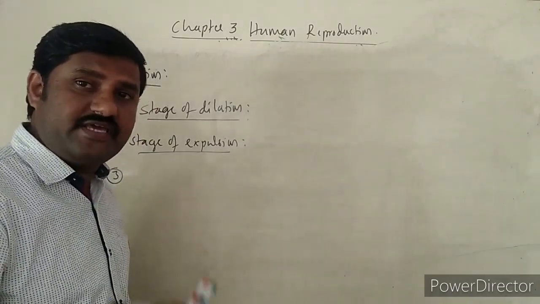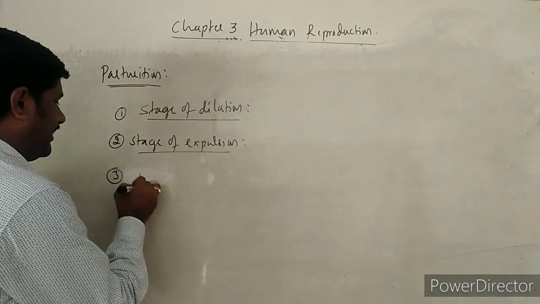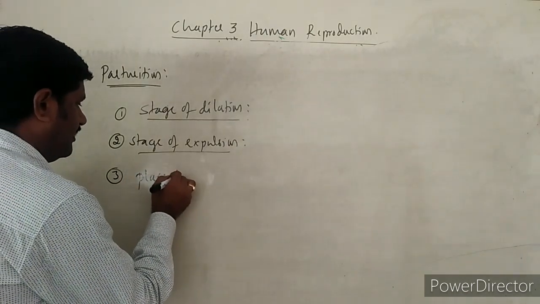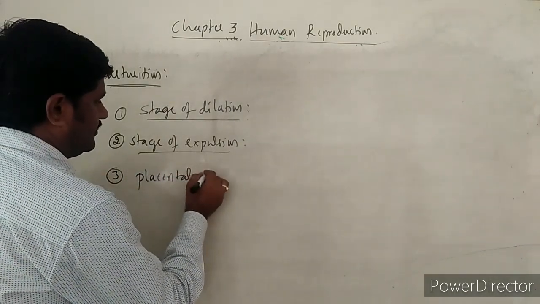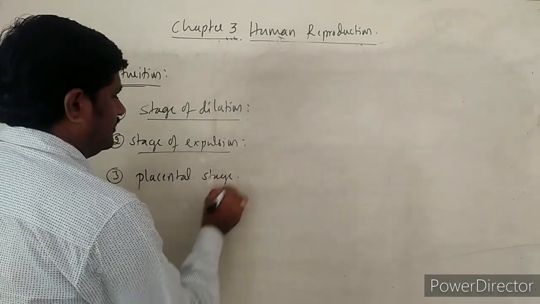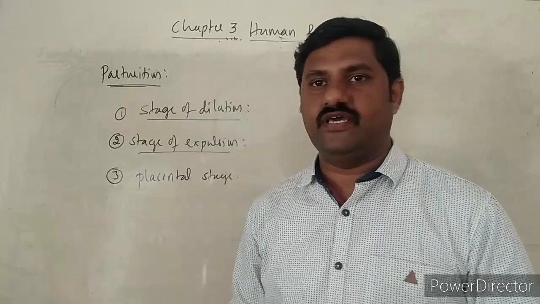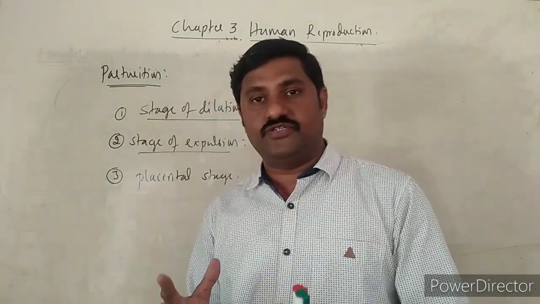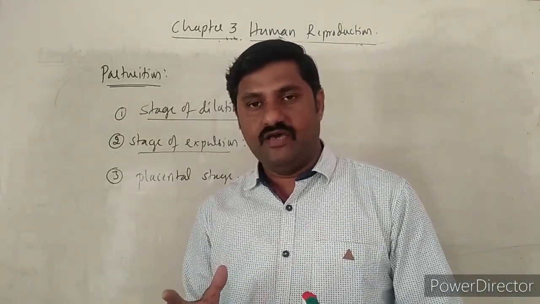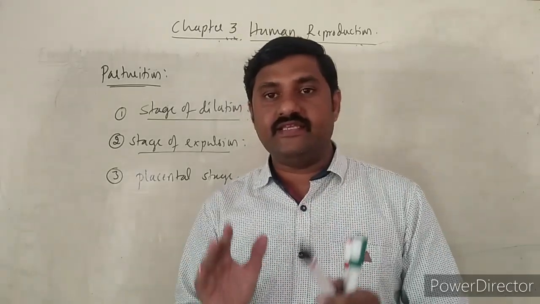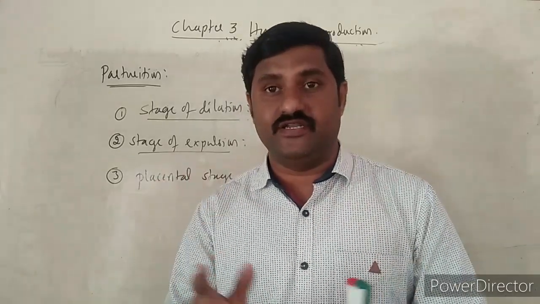And the third one: even after the expulsion of the baby, are there any labor pains? Of course, there will be labor pains. What kind of labor pains? That is the placental stage. During this stage, once again the labor pains occur so as to expel the placenta, also called the afterbirth.